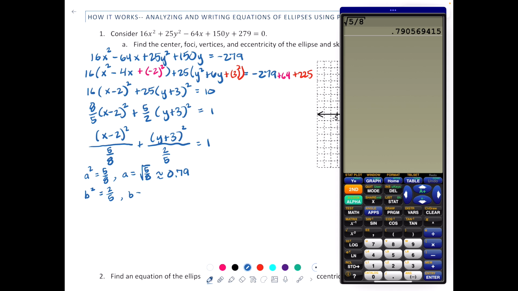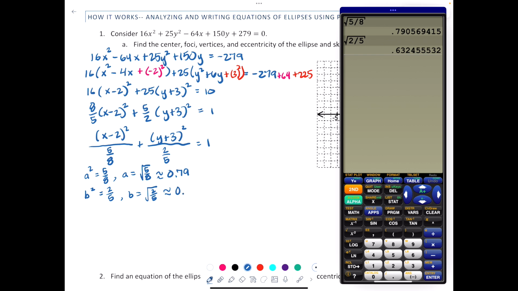So b will be the square root of 2 fifths. These are positives, so we're not worrying about applying a plus or minus. And then finding an approximation, just so we can graph it, it'll be about 0.63.